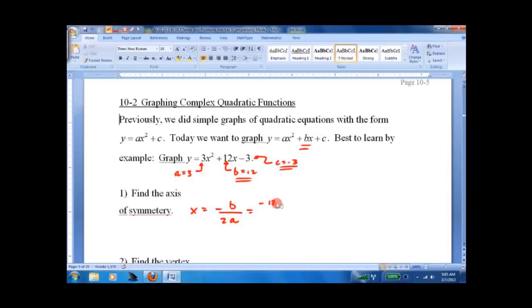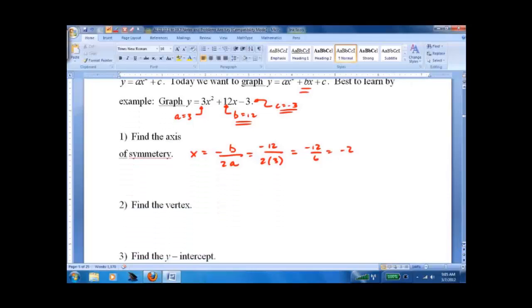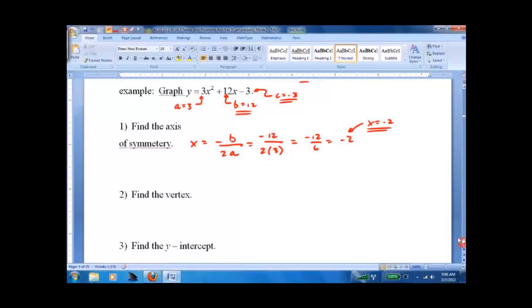Negative 12 over 2 times 3. Negative 12 over 6, negative 2. So now we know we have an axis of symmetry at negative 2, and that's x equals negative 2. It's always x. So let's do a little graphing down here.